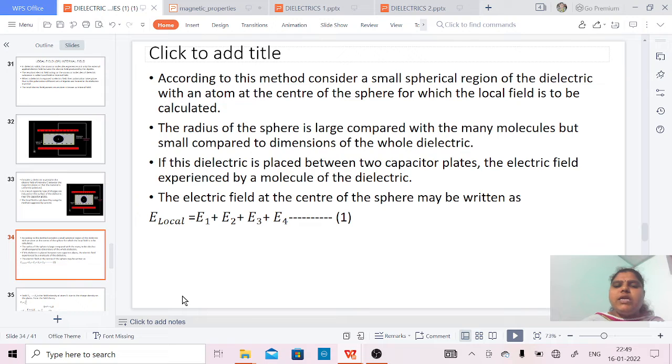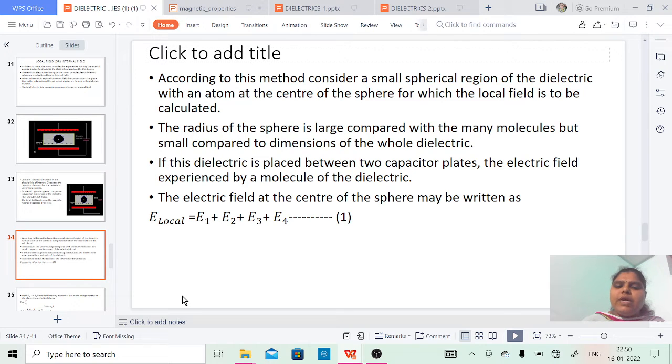The radius of the sphere is large compared with the molecules but small compared to the dimensions of the whole dielectric. If the dielectric is placed between two capacitor plates, consider the electric field experienced by a molecule of the dielectric.